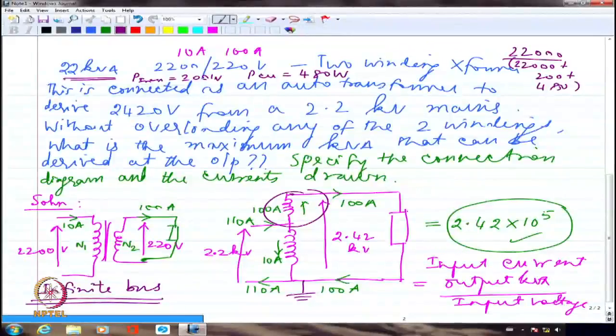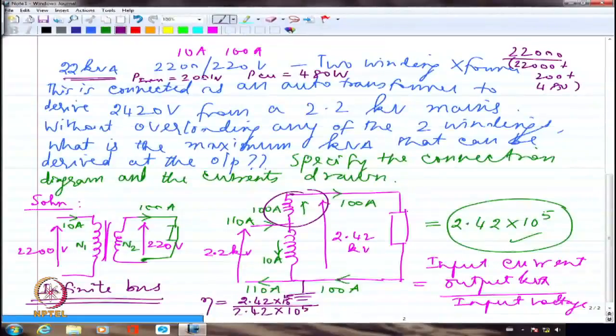Right? Because of which I am essentially going to see that if I calculate the efficiency now, it will be whatever is this 2.42 into 10 power 5 divided by 2.42 into 10 power 5 plus these two losses, that is 200 plus 480.